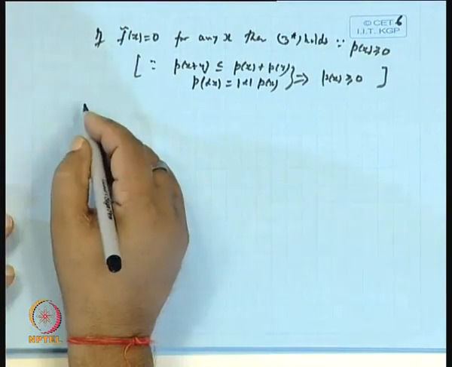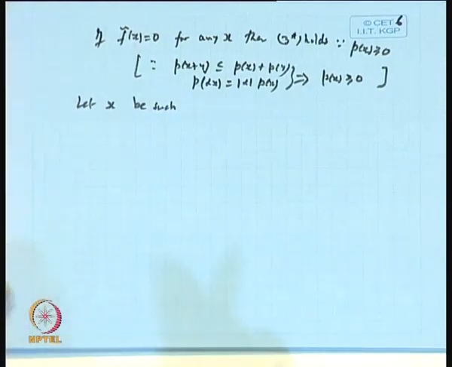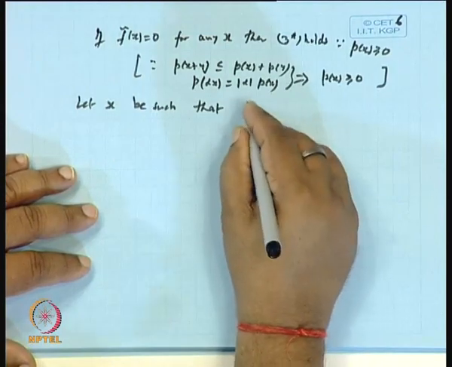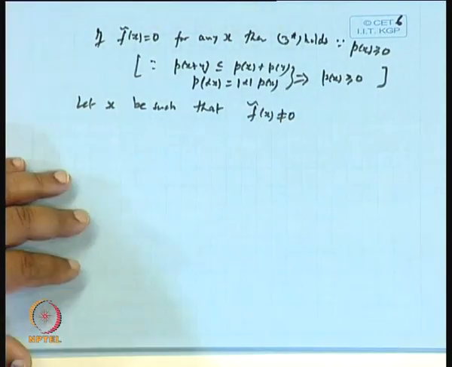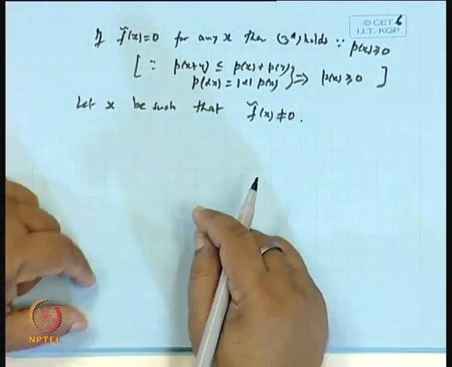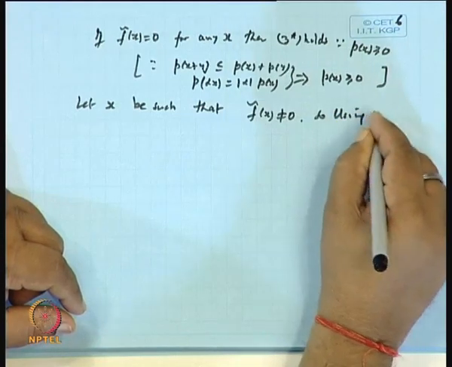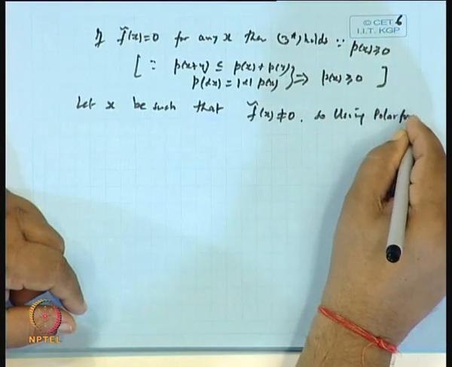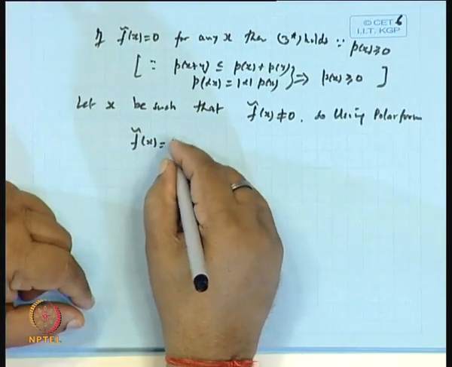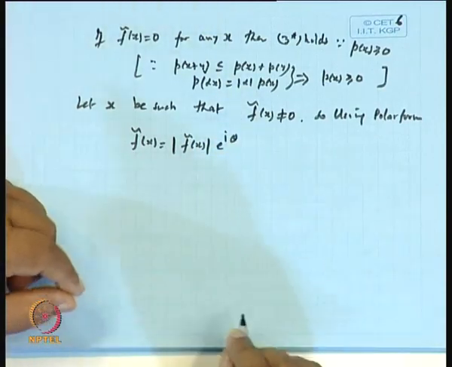So, let us suppose x is such that f delta x is not 0. If it is not 0, then we can write its polar form. Using the polar form, we can write f delta x as modulus of f delta x into e to the power i theta.